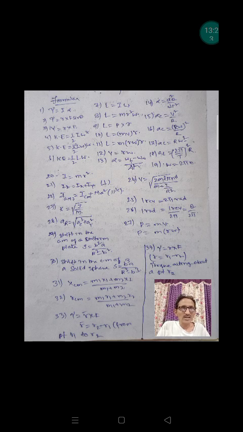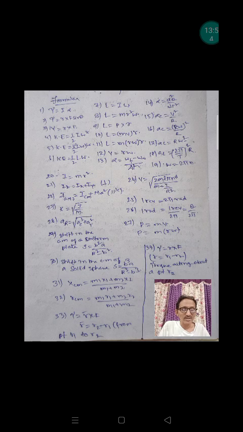H means, in the case of a wedge or an inclined plane at an angle theta, sin theta is equal to the opposite side h by l. So h is equal to l sin theta. So 2 m g h means 2 m g l sin theta divided by m plus I by r square. I is the moment of inertia of that particular body, whether it is a sphere, a rod, or a cylinder.